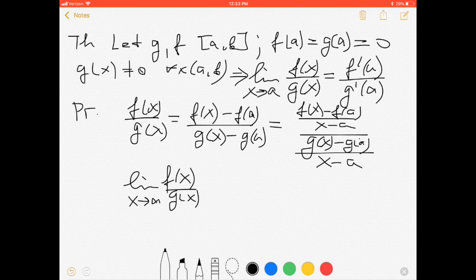But what happened on the right part of our equation? If x approaches a, it will be exactly f prime of a over g prime of a. And we prove our theorem.